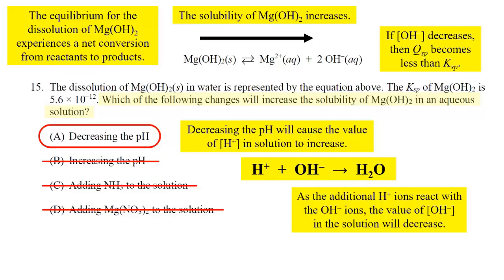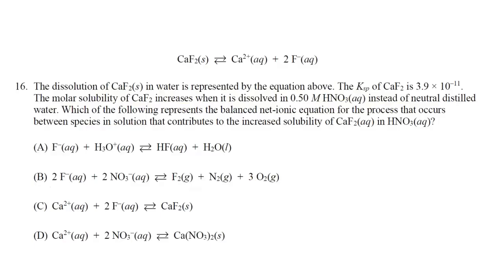Now we're going to see another question involving pH and solubility. This is question 16. Question 16 says the following. The dissolution of calcium fluoride in water is represented by the equation above. The KSP of calcium fluoride is 3.9 times 10 to the negative 11.